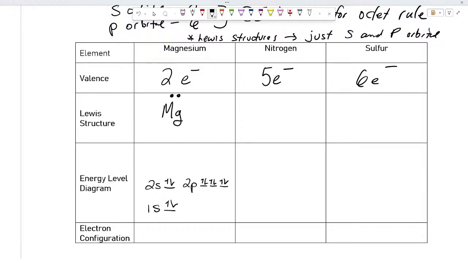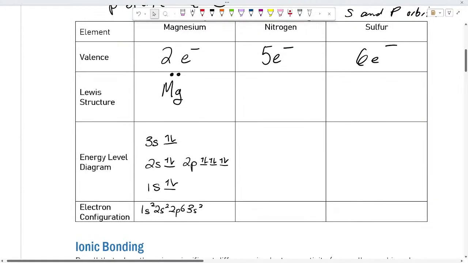And then what comes after 2p? 3s2, and it's got both of them, right? If we wrote that out this way, we'd say 1s2, 2s2, 2p6, 3s2, or what's an even better way? Neon, and then 3s2 would be my preference, right?